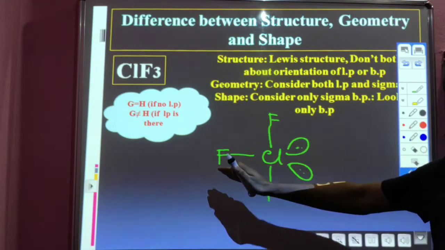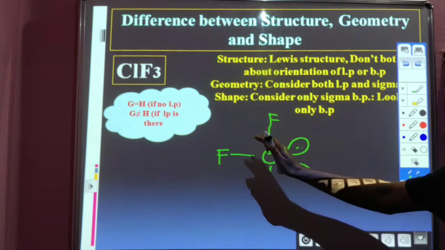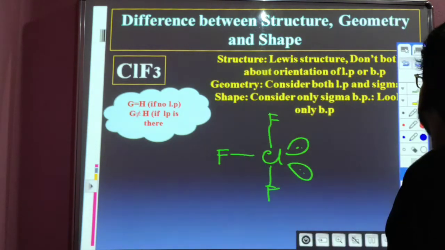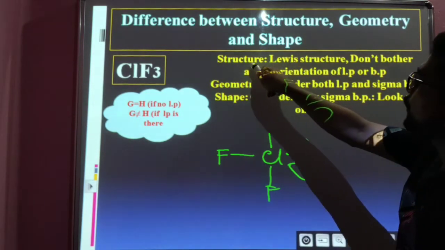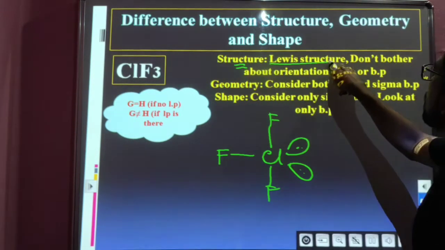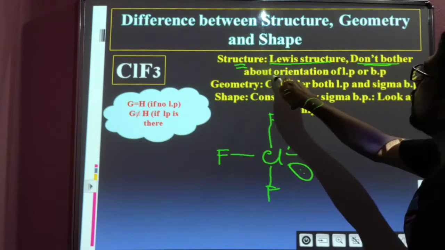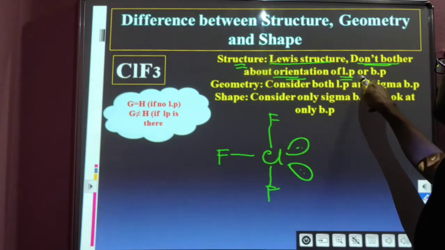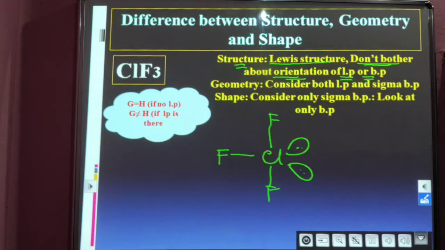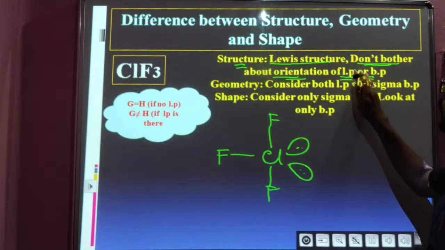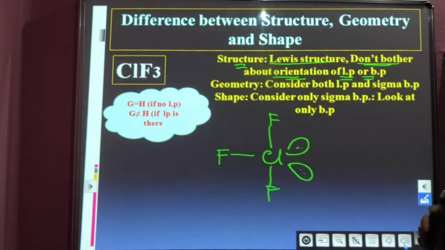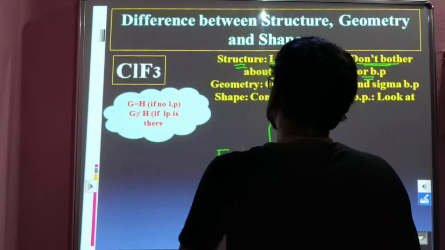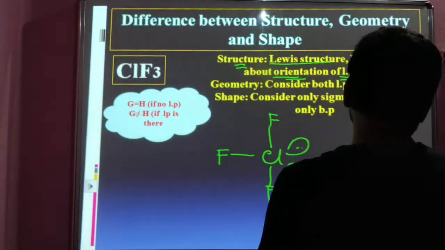Whatever I have shown you earlier, that is also a structure. So what I am trying to say, structure means Lewis structure. Don't bother about orientations of lone pair or bond pair. No need to consider the lone pair or bond pair orientation. Okay. Now come to geometry.